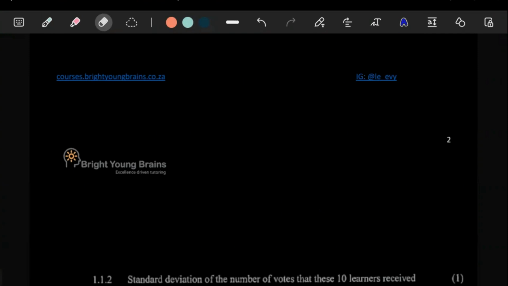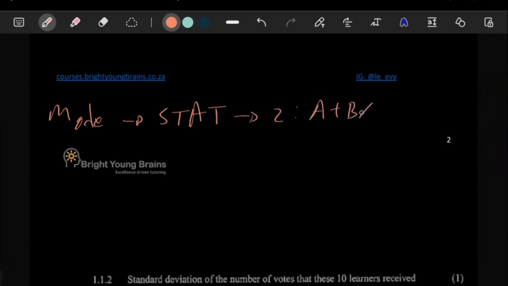So to put both sets of data into the calculator, it's mode and then stat, but then we press number 2. So let's do that: mode, and then stat, and then we press the second option, which is a plus bx.